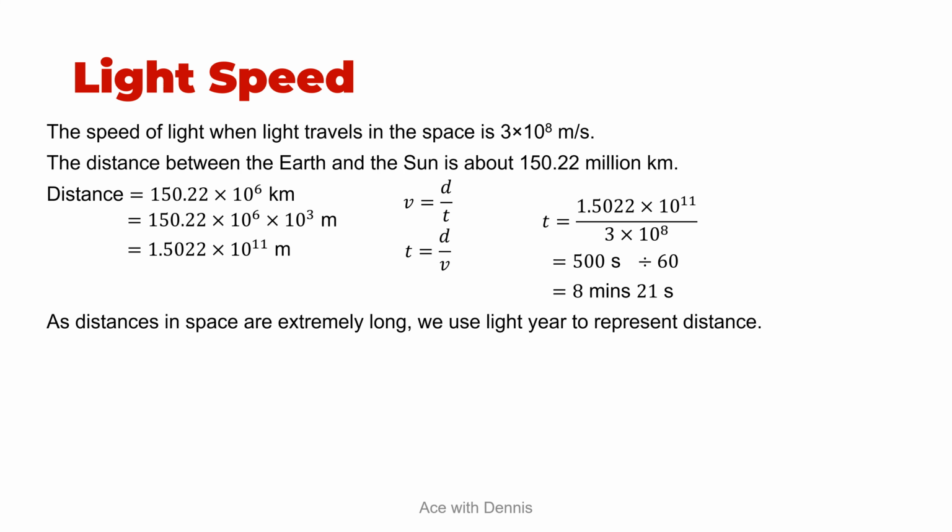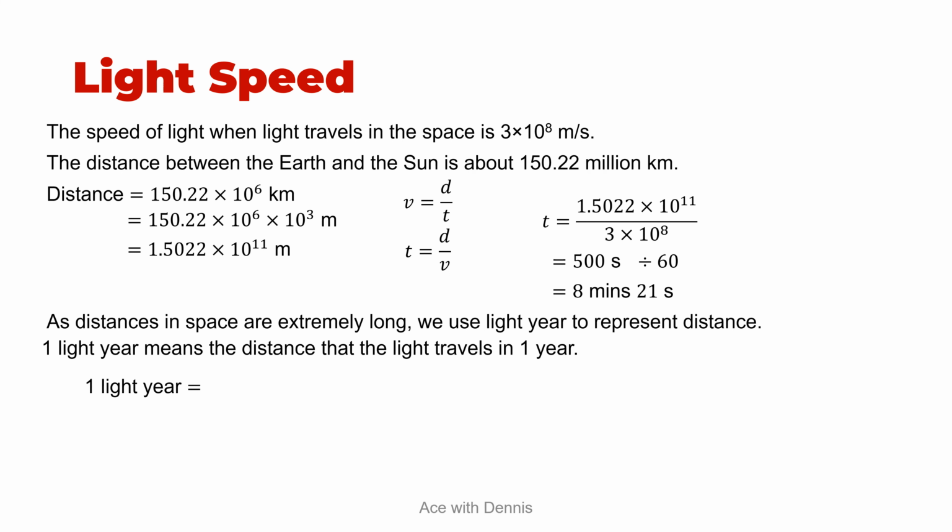So as distances in space are extremely long, we use light year to represent distance. 1 light year means the distance that the light travels in 1 year. So we can convert 1 light year to meters. So 1 light year is the speed of light times a year in seconds.